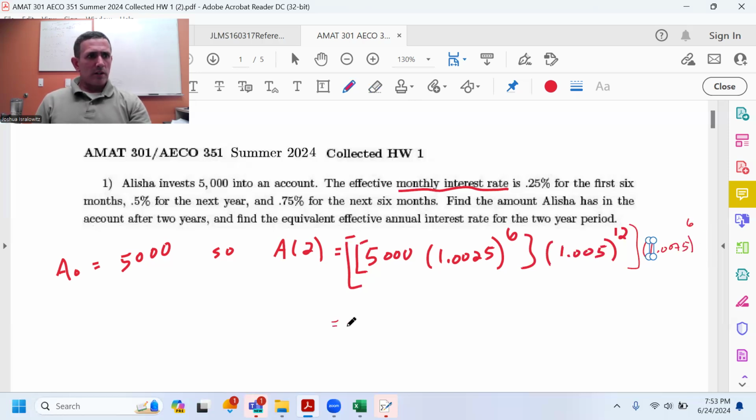All right, so that's going to equal 5,635 and roughly 59 cents. So I have to do a calculation with this in a second, so I will write it to the nearest 6th decimal.